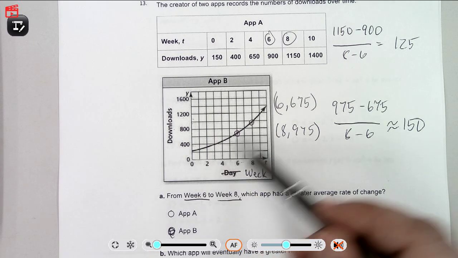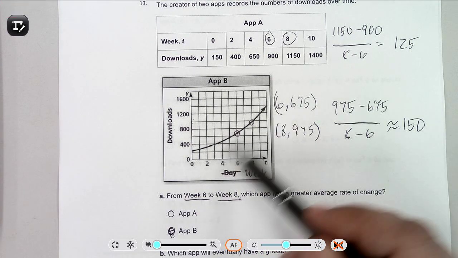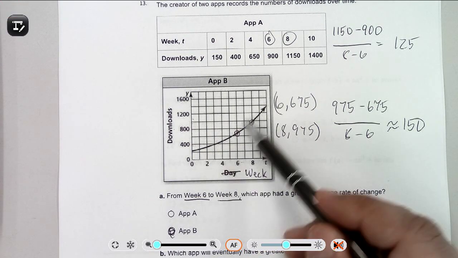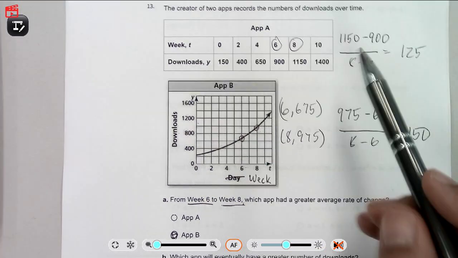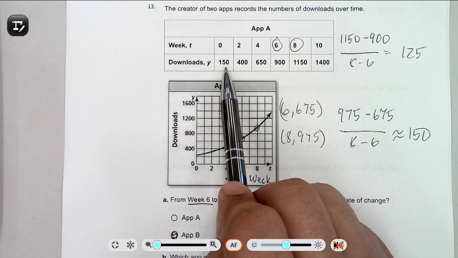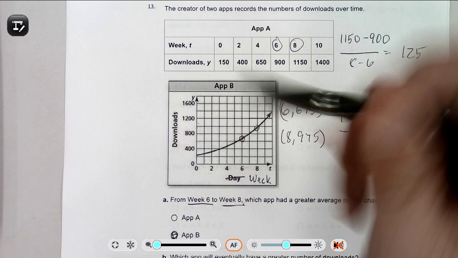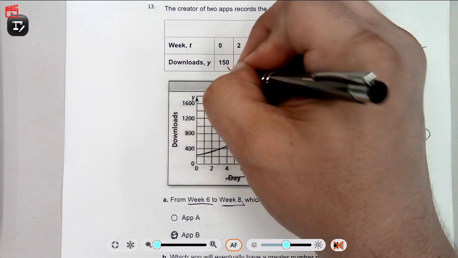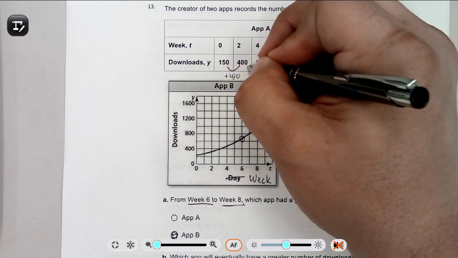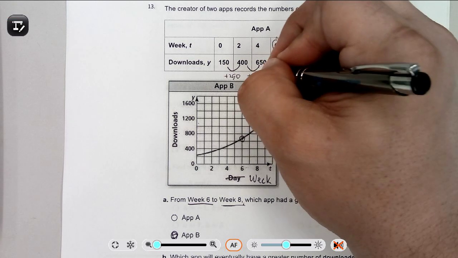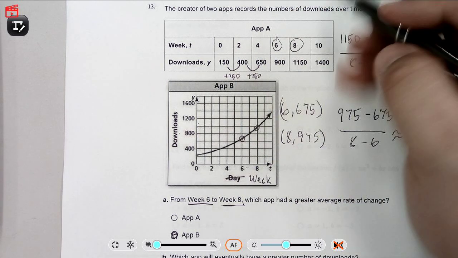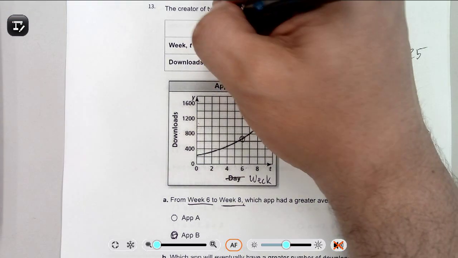So we know that this function is either quadratic or exponential because it's nonlinear, it curves. Well, let's see if we can tell what this function is. This is an increase by 250. This is an increase by 250. And it continues to increase by 250. So this is linear.